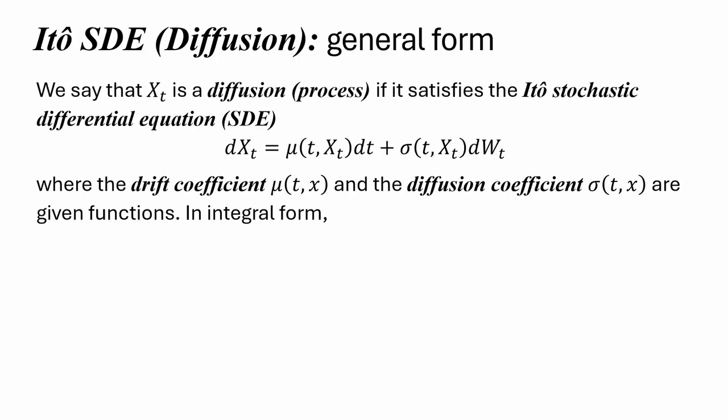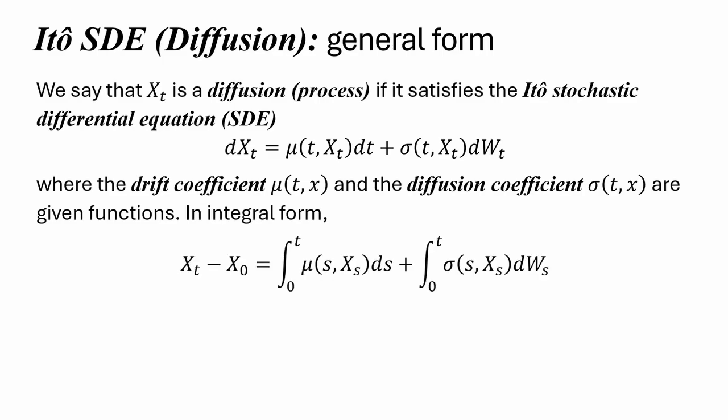So now we can define the Itô stochastic differential equation, also known as diffusion, in its general form. It is a generalization of the geometric Brownian motion. We say that X_t is a diffusion process if it satisfies the Itô stochastic differential equation dX_t equals mu of t, X_t dt plus sigma of t, X_t dW_t, where the drift coefficient mu of t and x and the diffusion coefficient sigma of t and x are given functions.